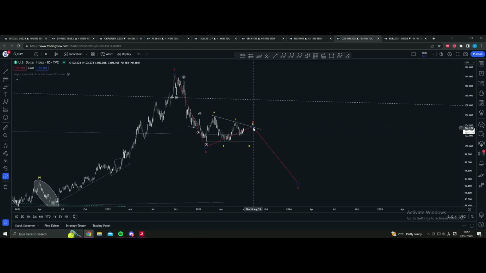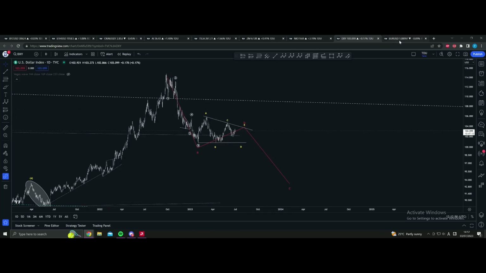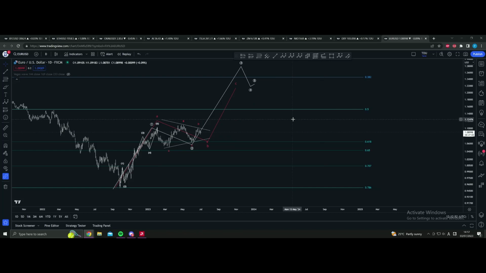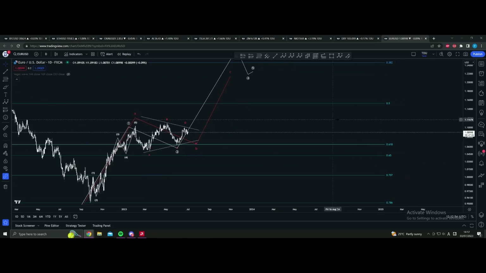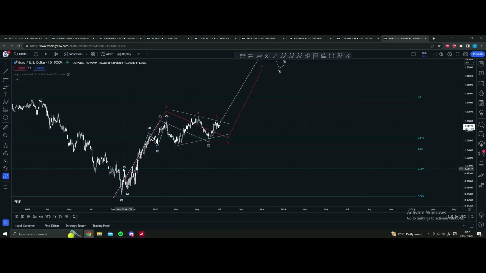They can be part of waves 2 in a subdivision, but a whole triangle cannot be a wave 2. And equally, when you look at the euro to the USD, it's similar, really similar. In structure, you have an impulsive structure with the 5 waves, and then some sort of a running triangle.